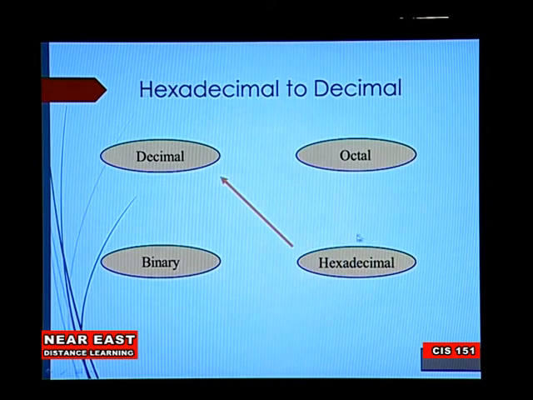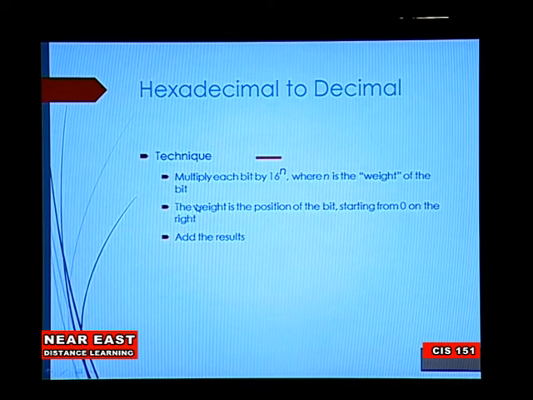And now I'm going to show you how to convert hexadecimal to decimal. The technique again: multiply each bit by the base 16 to the weight n, where n is the weight of the bit. The weight is the position of the bit, starting from 0 on the right.